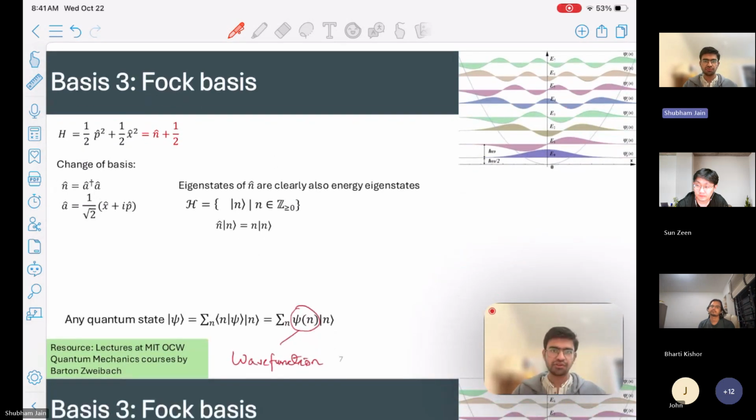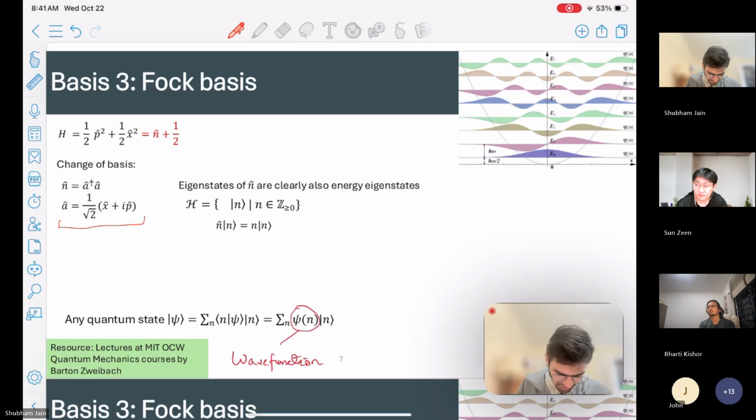The most useful and the most intuitive, at least to me, is the Fock basis. The Fock basis is just a change of basis from the position or momentum eigenstates, and you do this by this transformation. You introduce these other operators called the creation and the annihilation operators.